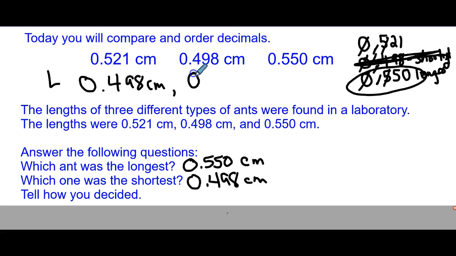Then we would have 521 thousandths of a centimeter. And then our biggest ant, 550 thousandths of a centimeter, or 55 hundredths of a centimeter, from least to greatest.